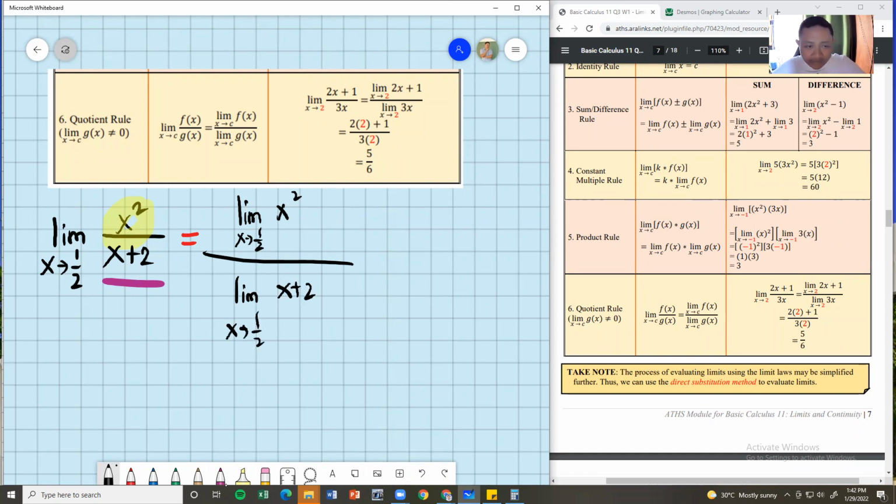Okay? And then let's just evaluate it. So to evaluate this, substitute. This will be 1/2 squared over this one, substitute 1/2 plus 2.